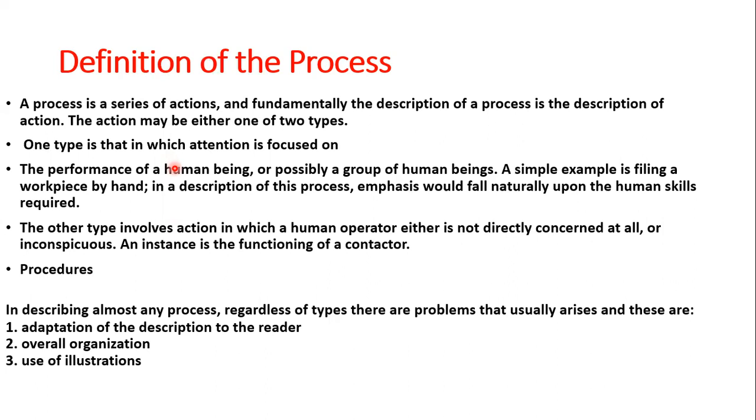Means the description of the process is described in three or four manners. The first one is called engineering point of view. Engineering point of view is that in which the human effort is involved.